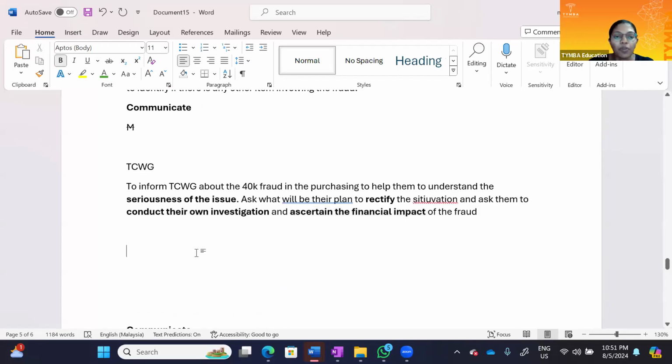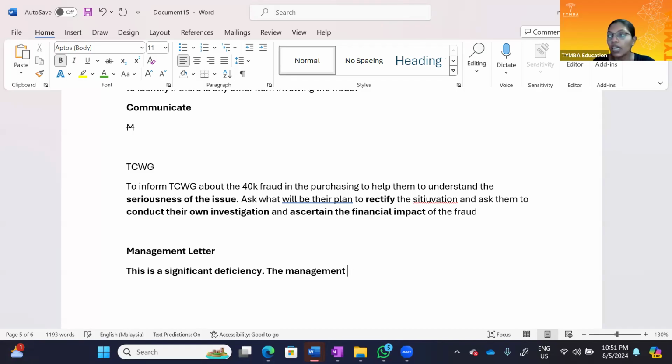Now, apart from communicating with those charged with governance, we will need to communicate to them in the form of a management letter, because this is a significant deficiency.